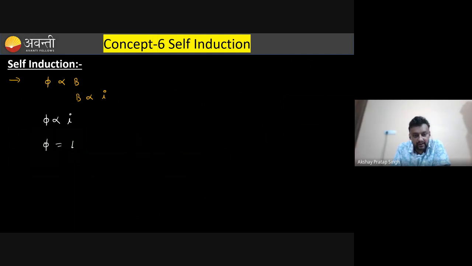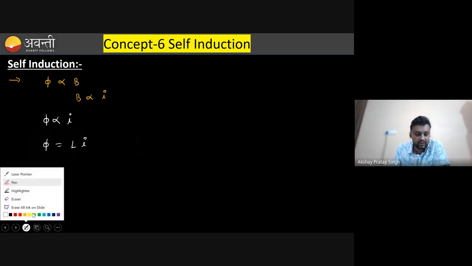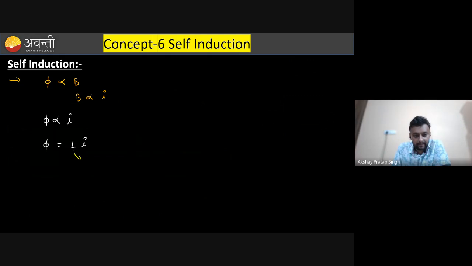phi is equal to Li, where this L is something very special and is known as the coefficient of self-inductance.